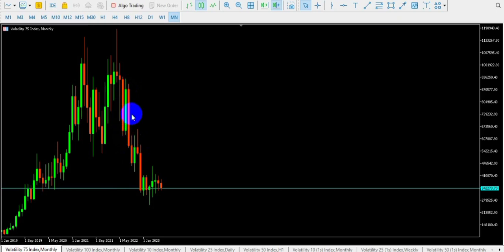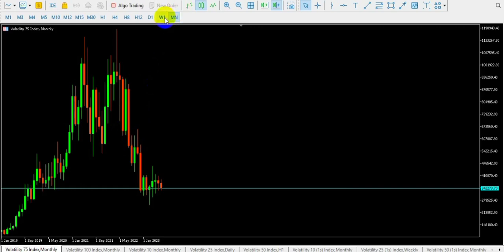We didn't get it tested at the opening price, but we didn't see it get tested at the mean threshold. So this validated it. There was a kind of move here that validated the order block, although we did not see a fair value gap here on the monthly time frame.